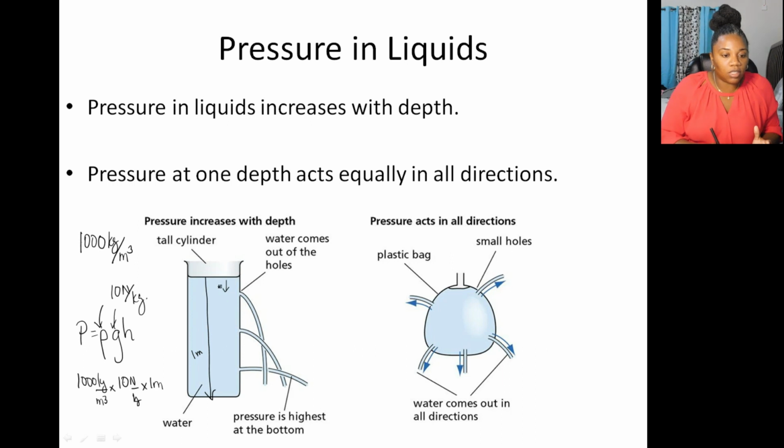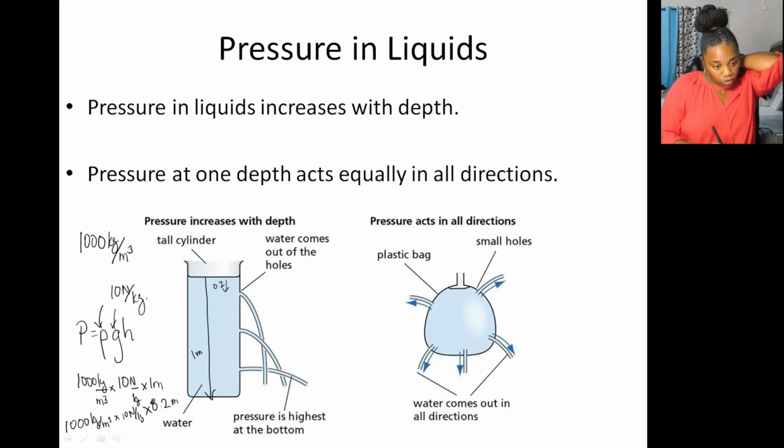However, if this is 0.2 meters, we're just calling numbers, it's not going to be 10,000. So 1,000 kilograms per meter cube times the 10, which is constant, and the density is constant in this case as well, because we're dealing with the same liquid. If we have that times 0.2 meters, then we're going to have 2,000.